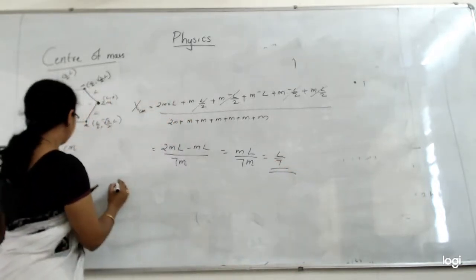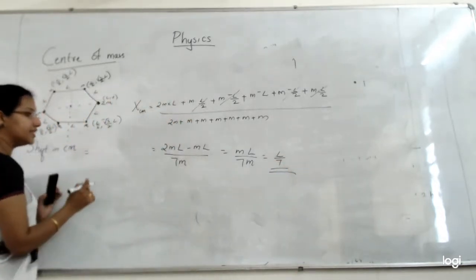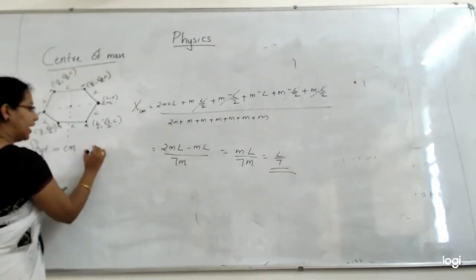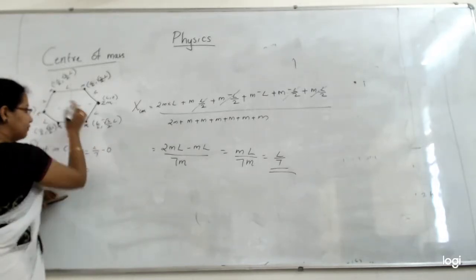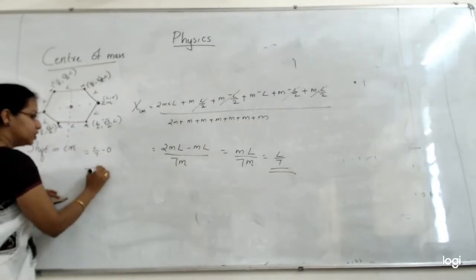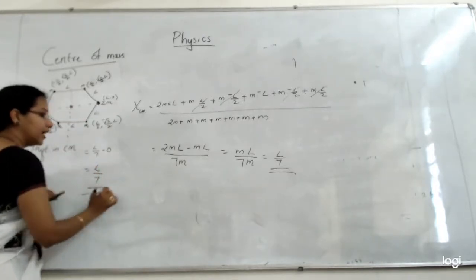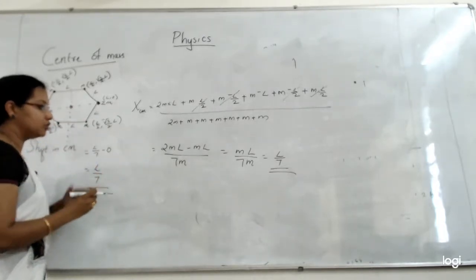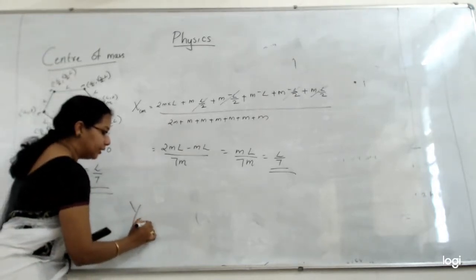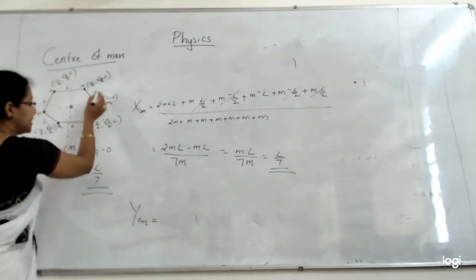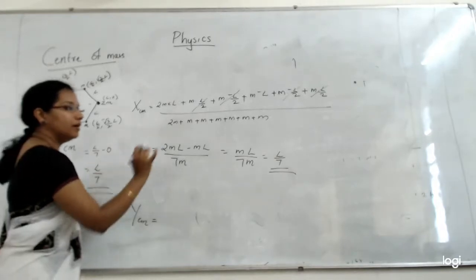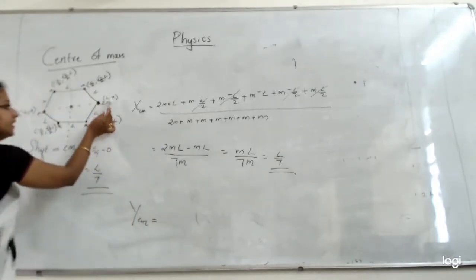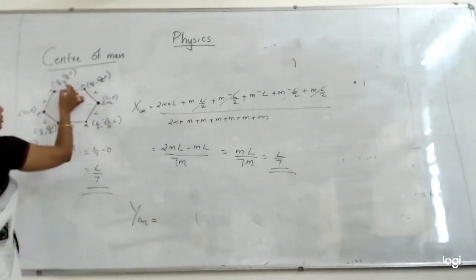What is the shift? The shift is also L by 7, because it is L by 7 minus 0, since the first center was at the origin. So the shift in the center of mass is L by 7. I'm not writing YCM because I have taken it like this; if you calculate YCM, all the terms will get cancelled. Here it's 0, here L by 2, root 3 L by 2.